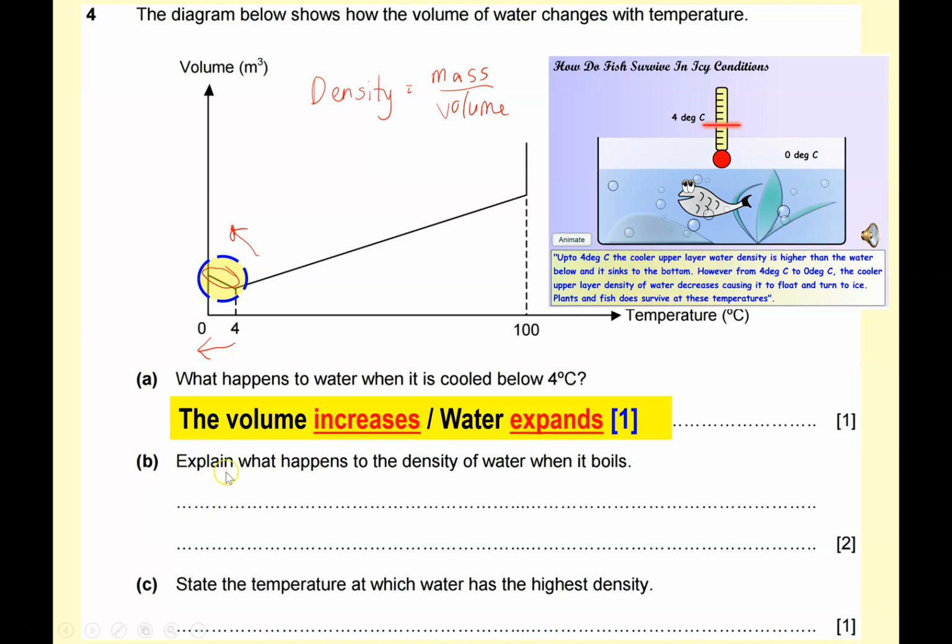Question B. Explain what happens to the density of water when it boils. Boiling occurs at 100 degrees Celsius. Okay, let's look at the graph.